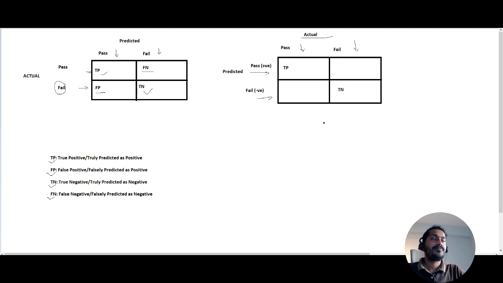So how? See here, in the prediction it shows negative and in the actual it shows positive or pass. So the very first value is always telling about the actual. So what will we write? We'll write true, because this whole value would be true.